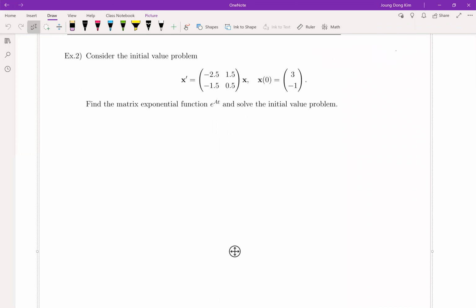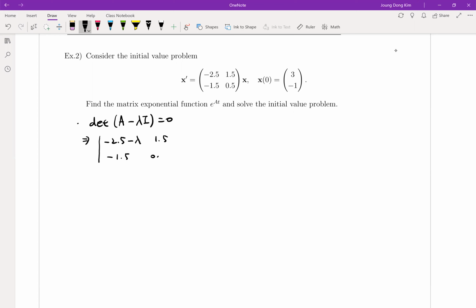So let's start from the eigenvalue. To find the eigenvalue, we need to find the lambda which satisfies the determinant of A minus lambda I equals 0. So it is negative 2.5 minus lambda, 1.5, negative 1.5, and 0.5 minus lambda, equal to 0, using AD minus BC.